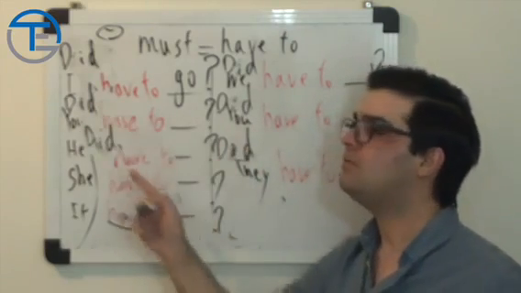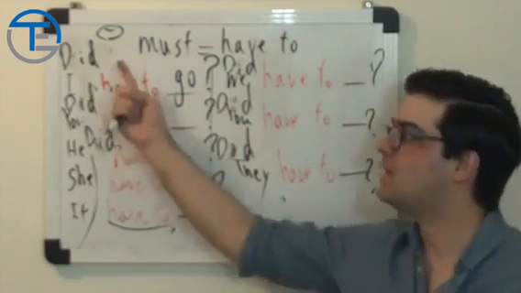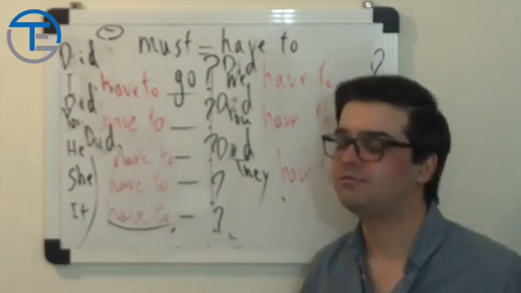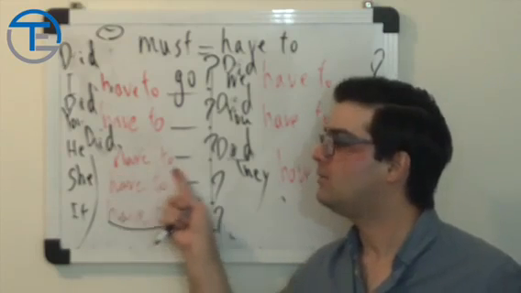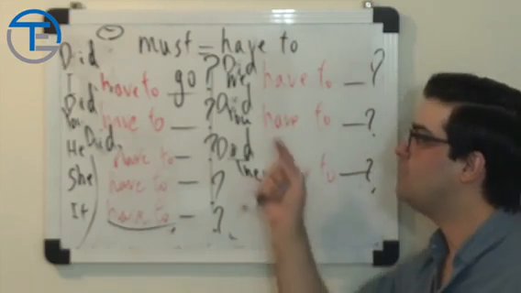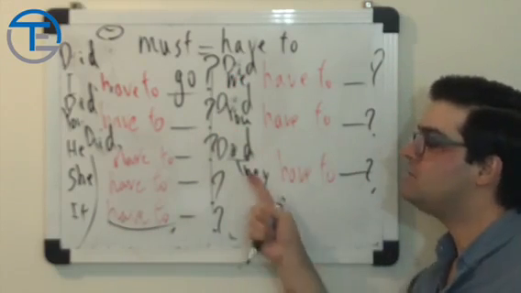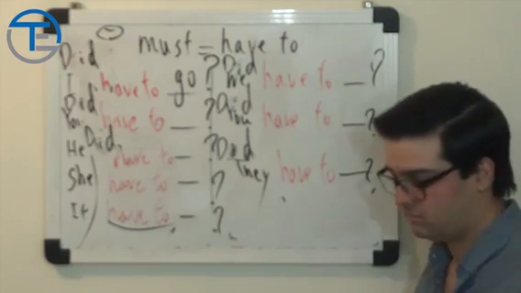Did I have to go? Did you have to go? Did he? Okay, it's like I and you. Did he have to go? But here we have to. Did she have to go? Did it have to go? Did we have to go? Did you have to go? Did they have to go?